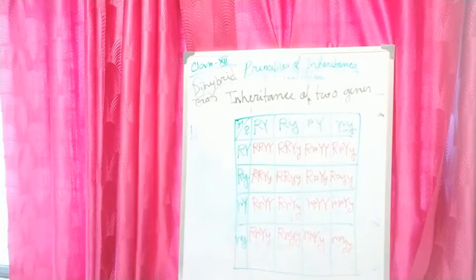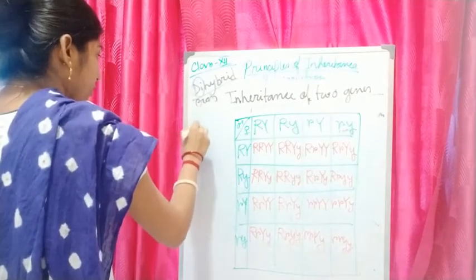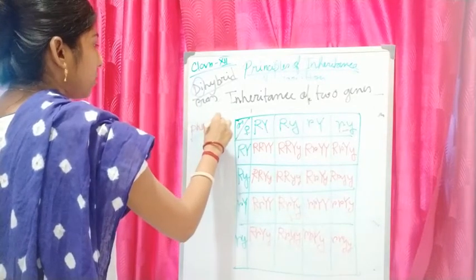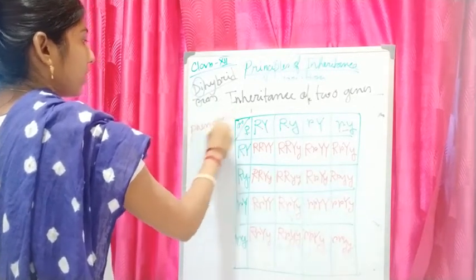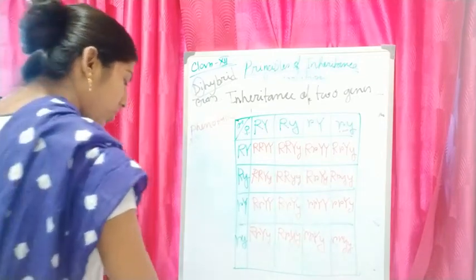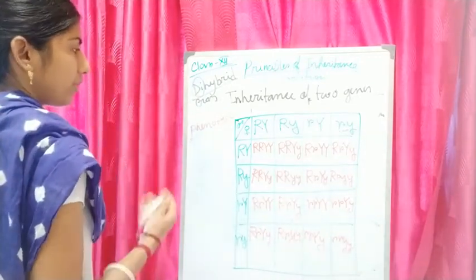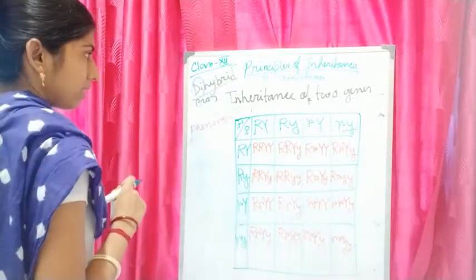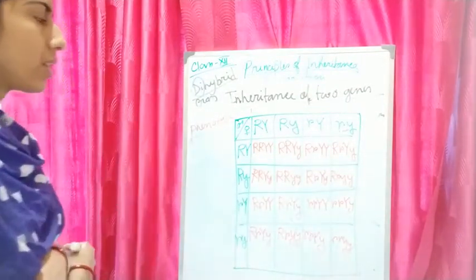So, what will be the phenotypic and genotypic ratio? We have to first find out the phenotypic ratio. Now, you can see how you will find out the phenotypic ratio. It has 4 possible combinations.